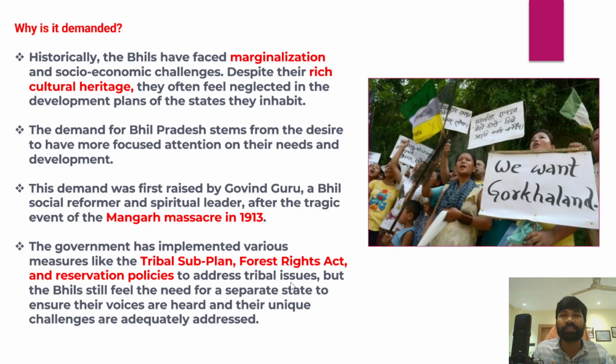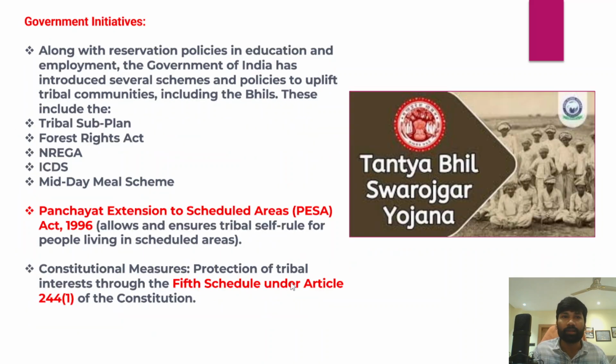However, despite all these initiatives, tribal communities still feel that they are being alienated and marginalized. Because of all these reasons, the Bhil tribes have been demanding a separate state, so that the unique challenges they have been facing would be addressed once they have achieved this separate state of Bhil Pradesh. So that is with respect to the Bhil Pradesh.